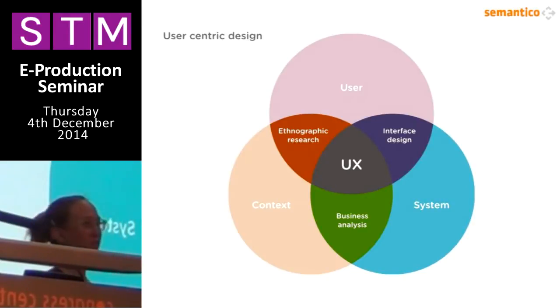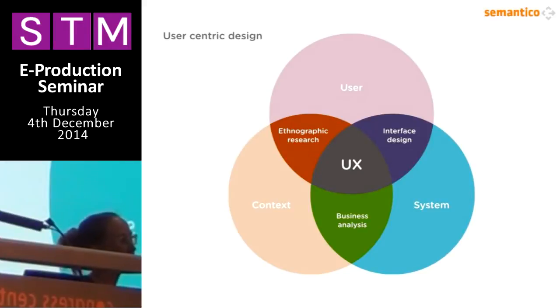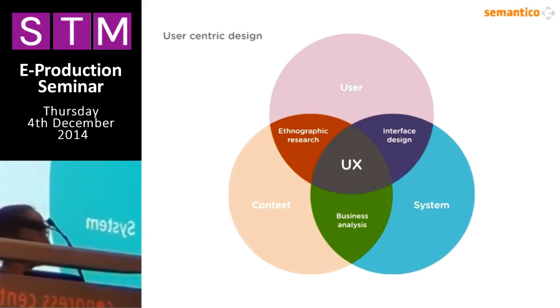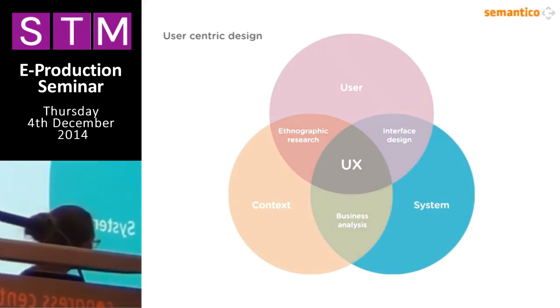So, for example, if we know that people on the move are more likely to be using mobile phones and tablets than laptops, perhaps, then we can design for that. And what we do have control over is systems. Although, again, perhaps as designers and individuals within those systems and working with them, we maybe have less control sometimes over them than we might like.